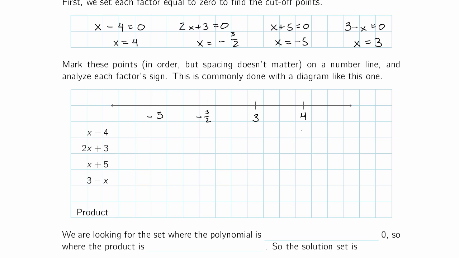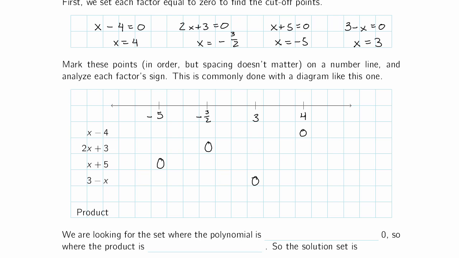So when x is 4, this first factor is 0. When x is 3, this last factor is 0. When x is negative 3/2, this factor is 0. And when x is negative 5, this factor is 0.